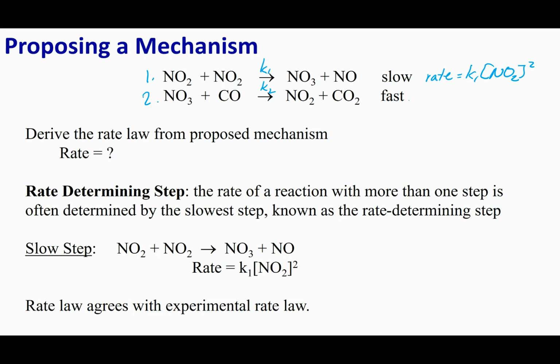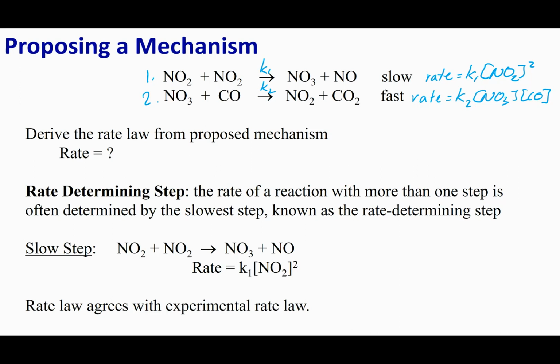And for my second reaction, again based on the molecularity, this is going to be K2 times NO3 times CO. Now, the question becomes, if this is my pathway, which rate law do I use, and how do I manipulate these rate laws to get the rate law for the overall reaction?